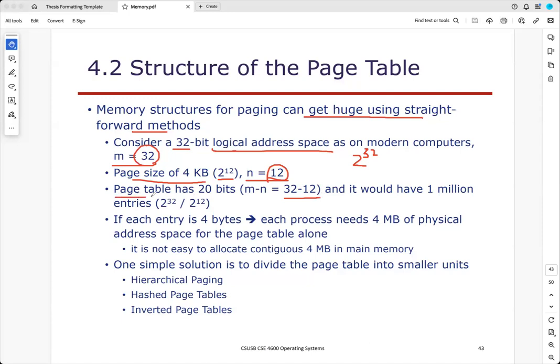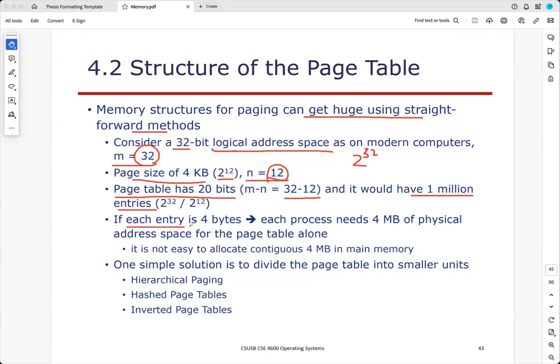That means there are 1 million entries in the page table.